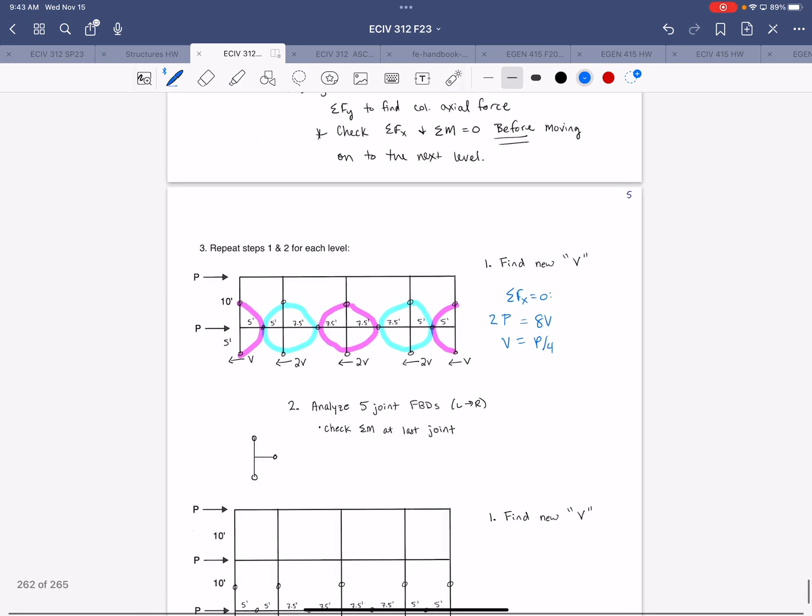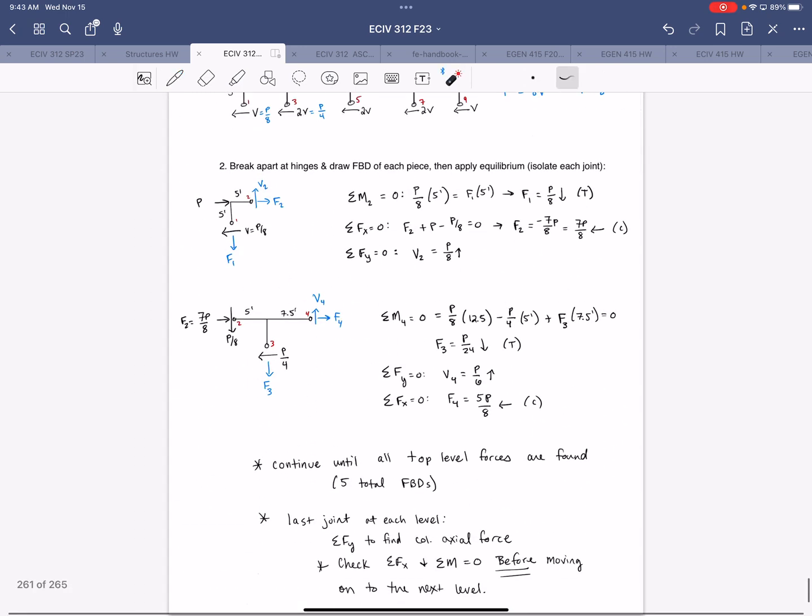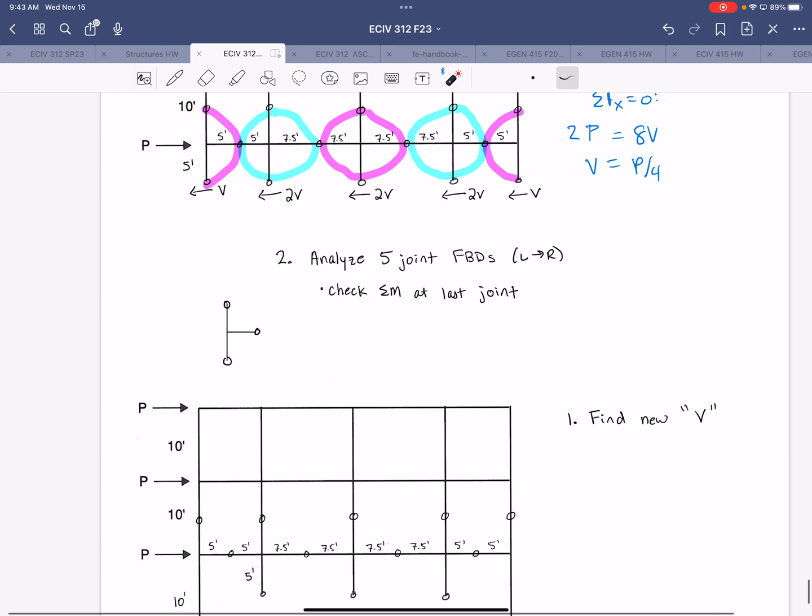In this case, we found F1 is P over 8 in tension. So when we go to this level, is that going to be acting up or down? Up, right. So that's going to be P over 8 in tension.